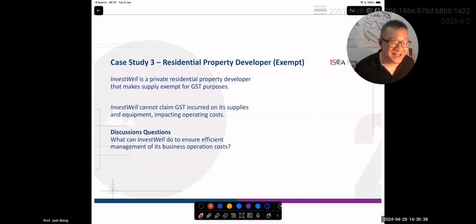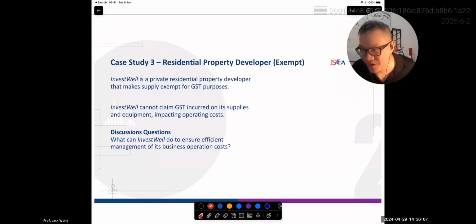Well, I will say this, I mean, this may be just a representation from the client. So I will actually deep dive the company's business to see whether it's really just a residential property developer. Sometimes the client will tell you the principal activity. Jolly well, you know, there could be some other incidental or secondary activities, but the client didn't mention to you. So, and this will change the GST implication somehow.